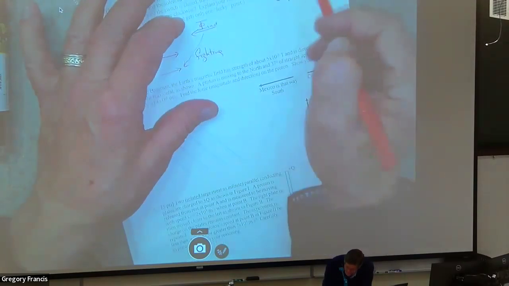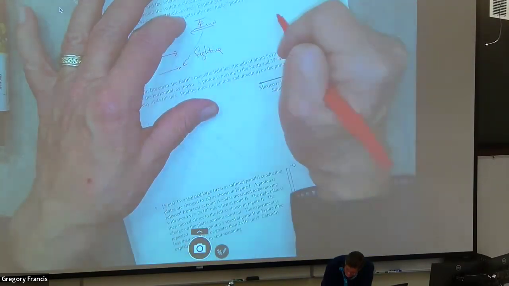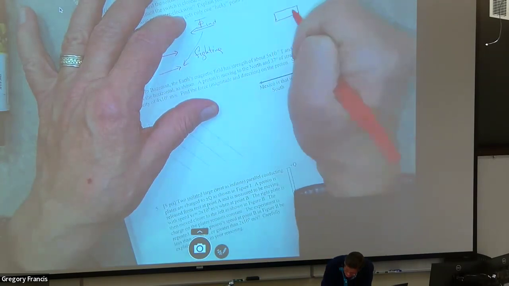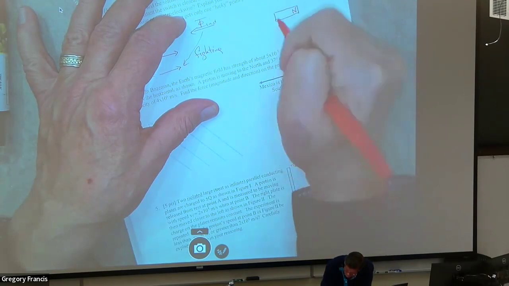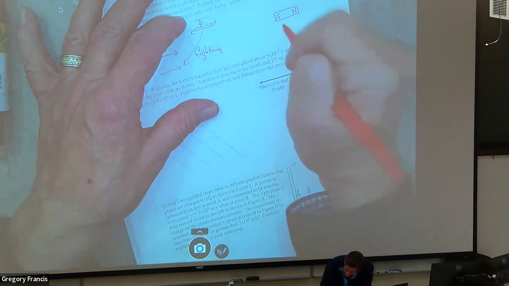And so once I turn that into a bar magnet, I go back to the second grade and say, well, what if I had one bar magnet glued down to the table?